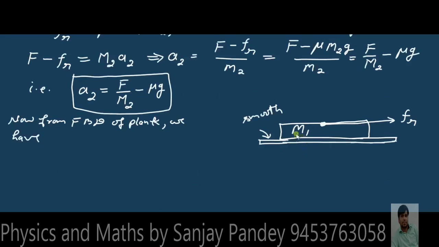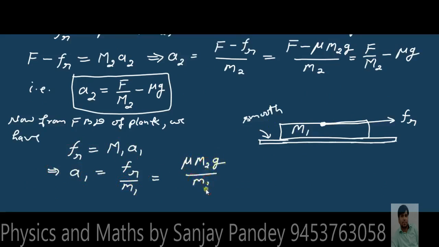Now from this FBD of plank we have Fr = m1 a1. It means a1 = Fr/m1. Here Fr is mu m2g, and m1.